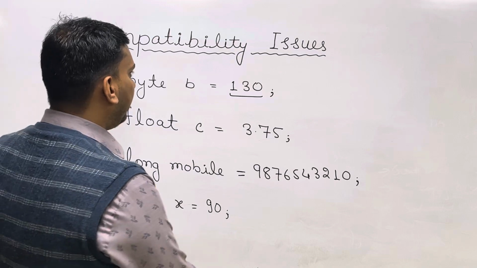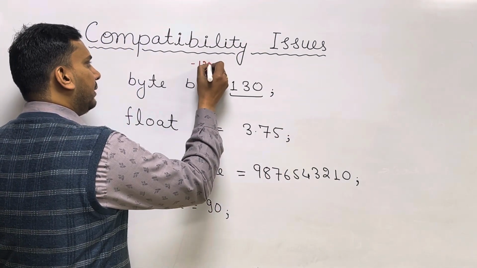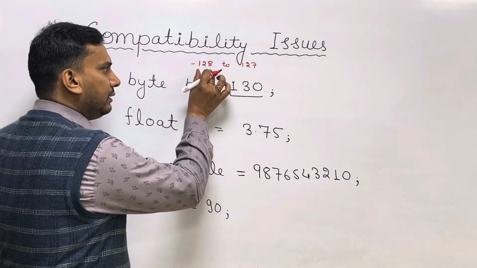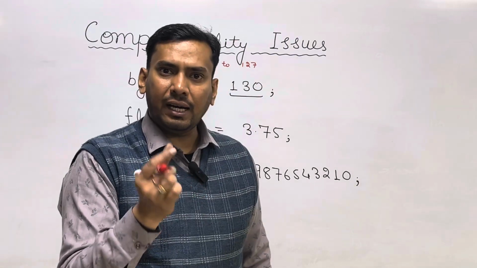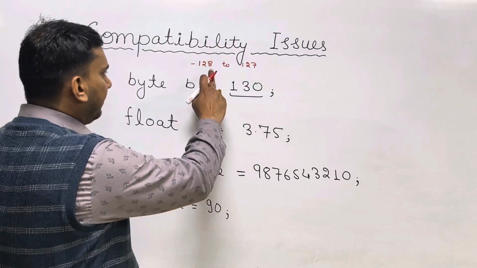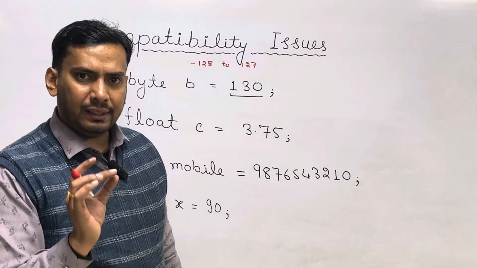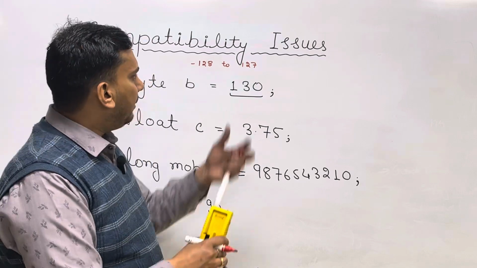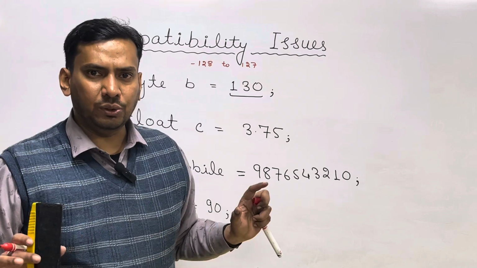So if you have to assign any value between minus 128 to 127, although these integer values, numeric literals are by default int, but if they are within the range for integer types, means for byte, short, int and long data types, if the number that you are assigning is within the range, then there is no issue.